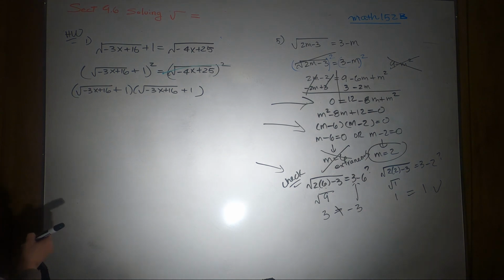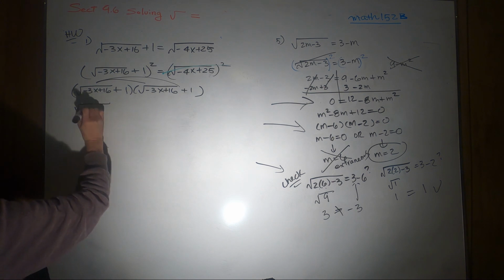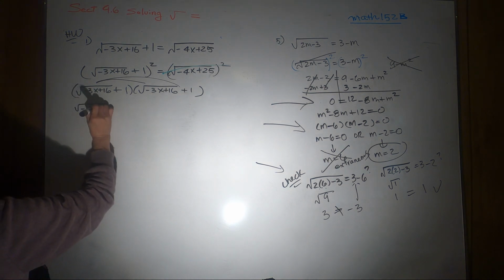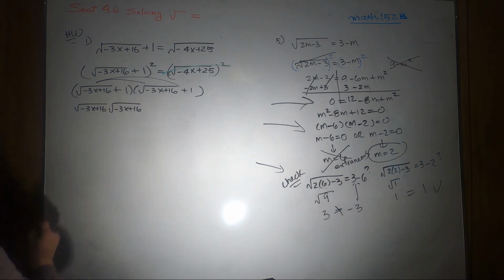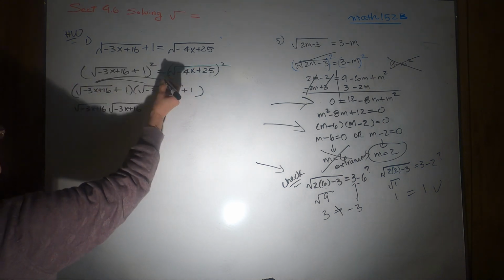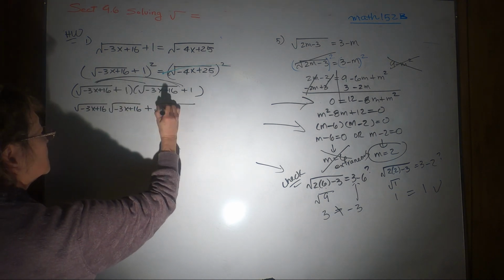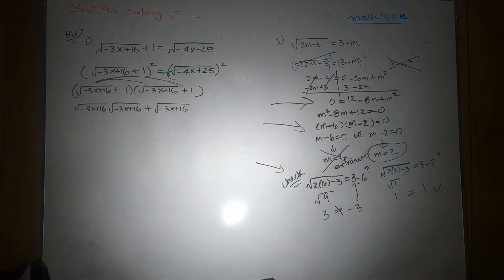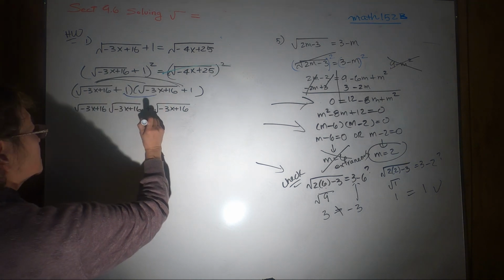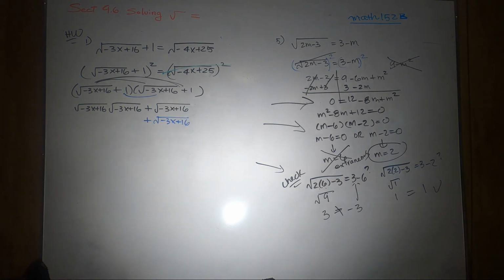So for the first one, you have to do it one at a time. The first term times the first term, first, right? Then this one times this one will be what? Plus 1 times this would be negative 3x plus 16, right? Then you do the lower rainbow. This one times this one, you have another negative 3x plus 16, right?